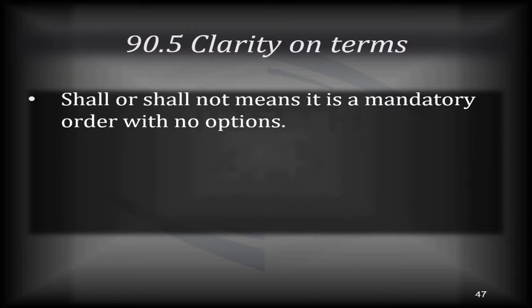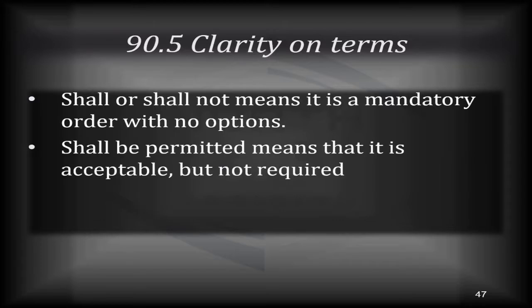Shall or shall not is mandatory. Very simple. It's a very important part to remember in the code because it's spoken about throughout the code. But again, like I said, we're making short work of it. Shall be permitted means you can do it, but you don't have to. References to other codes are informational only, but they are not enforceable.